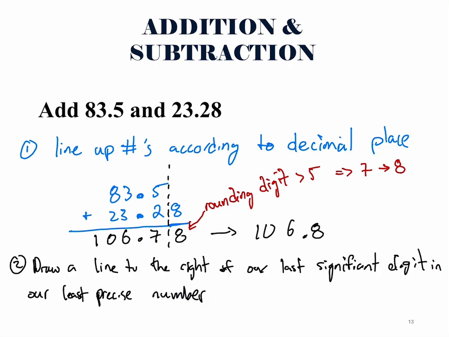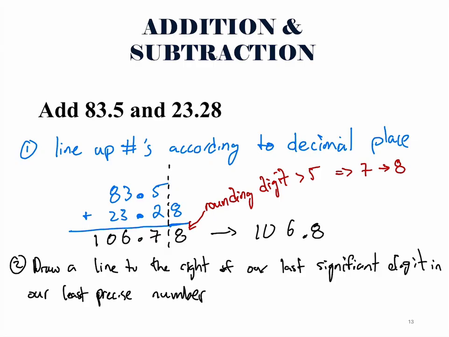We are rounding to 3 sig figs, right? So we don't have to round to any number of sig figs in the case of addition and subtraction, because the rule is we just have to stay as precise as our least precise number, right? So the number of final sig figs doesn't correlate to the number of sig figs of what we're adding and subtracting. When we're multiplying and dividing, then we have to round it to the least number of sig figs.